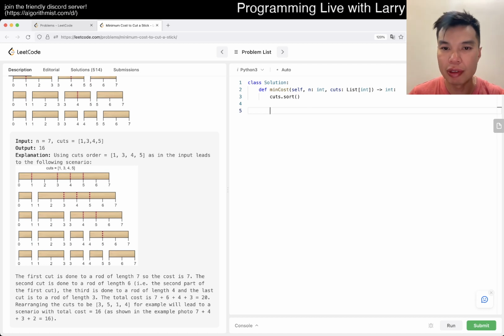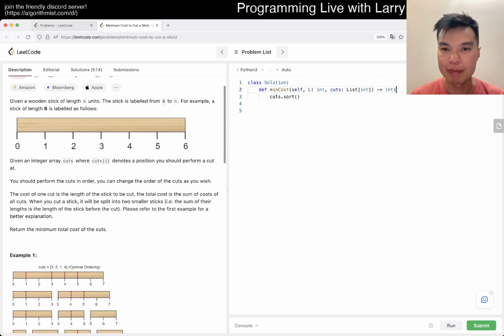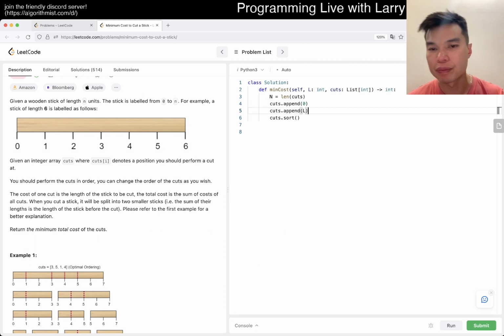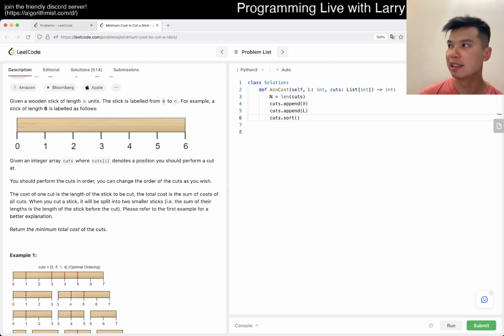So the way that we're going to set it up is, let's say I'm going to rename this L. So L is equal to the length of the stick, N is equal to the length of the cuts, and what I want to do is, before we sort, we append 0 and we append L. That way it's not just the cuts, it also represents the edges that we care about.